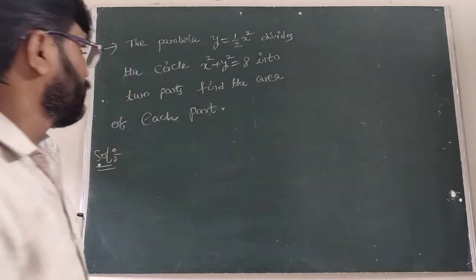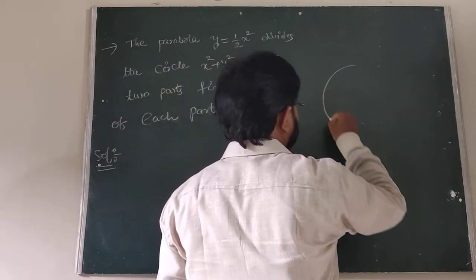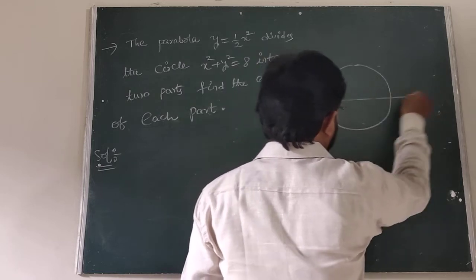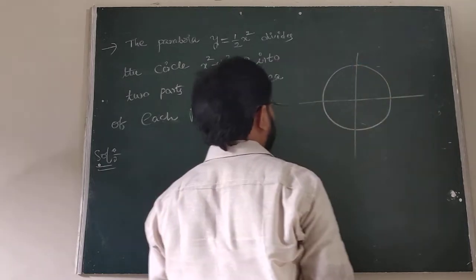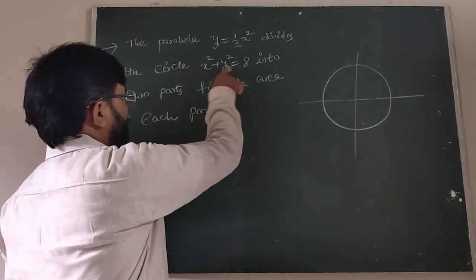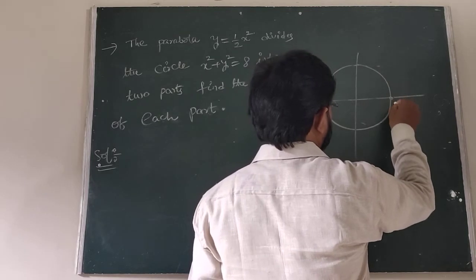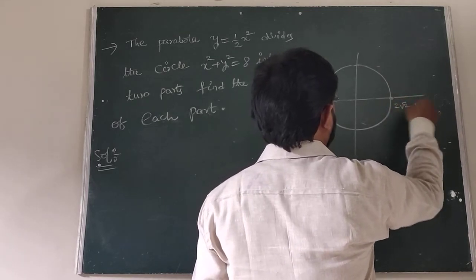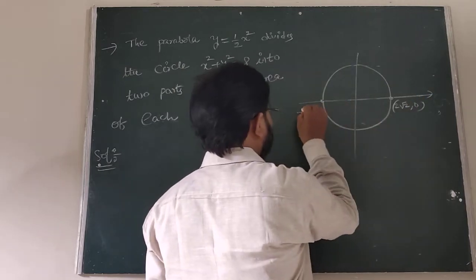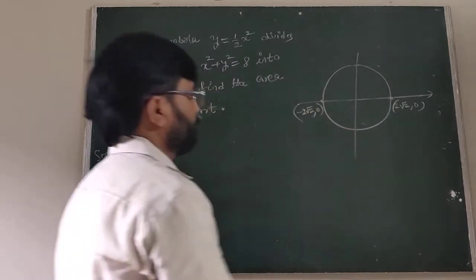Okay, students. So here, first you can draw the circle. This is the circle. Now when we take y equal to 0, x equals root 8. That means this is (2 root 2, 0). This is, students, (minus 2 root 2, 0).